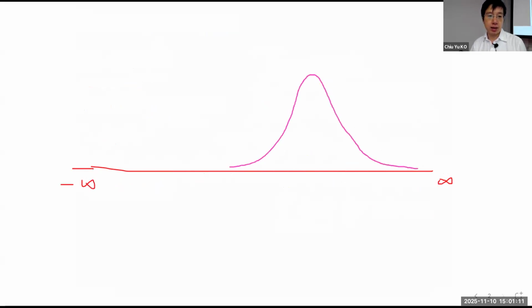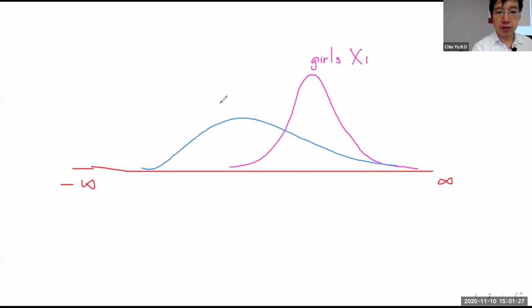This is group number 1, girls, maybe X1. And then there can be boys, maybe here.